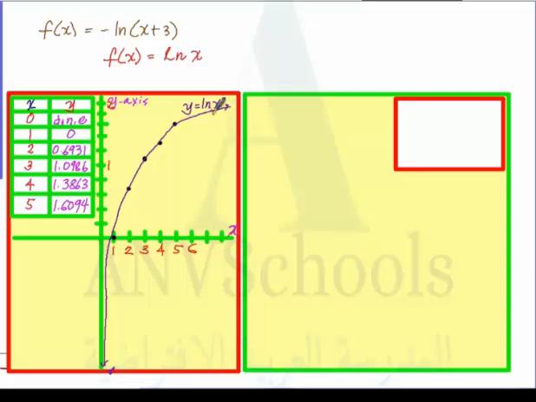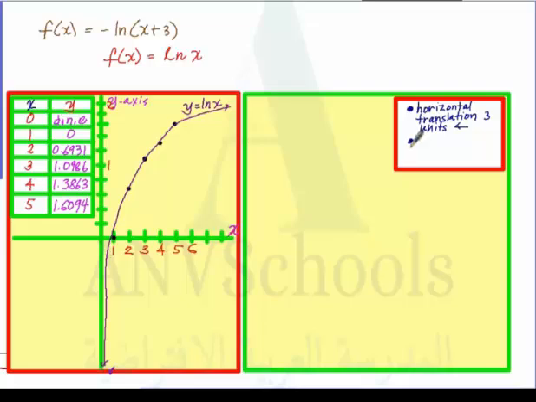Now in the given, we have to get f of x is equal to negative ln x plus 3. So first, what do we get? First, we notice that we have a horizontal translation. So horizontal translation of 3 units left, right? 3 units left.